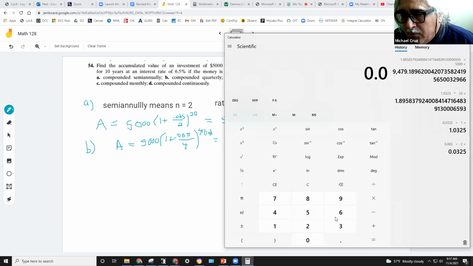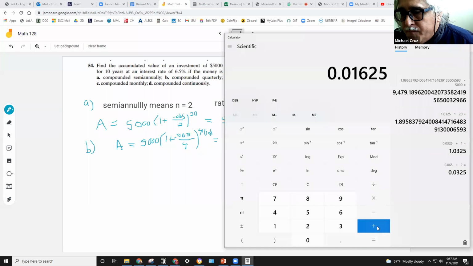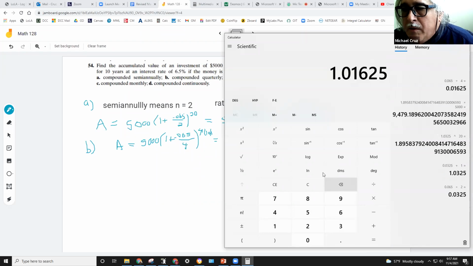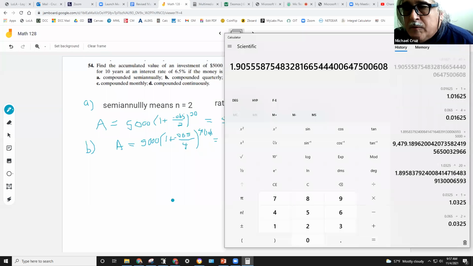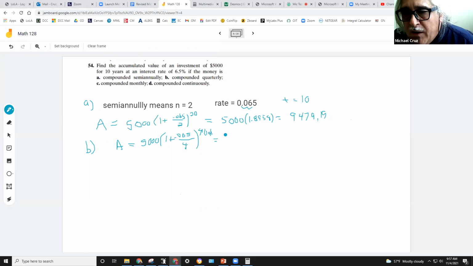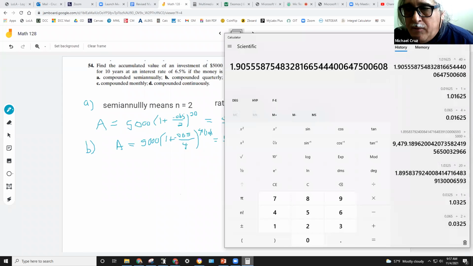We've got 0.065 divided by 4 now, plus 1, and then we're raising that to the 40th power. All right, and that gives us 1.9 times 5,000. And notice it's not changing a great deal, but the more you compound it, the larger that number gets.